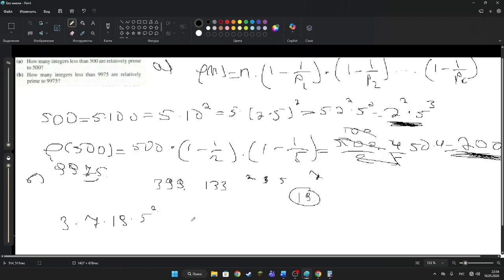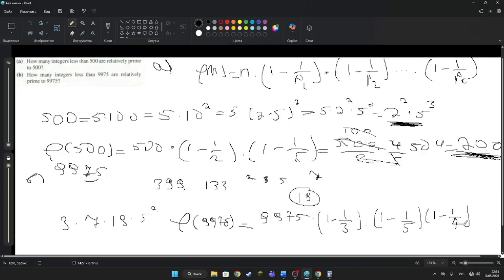And we just replace into the Euler formula, like it's gonna be multiplied by 1 minus 1 divided by 3 multiplied by 1 minus 1 divided by 5 multiplied by 1 minus 1 divided by 7 multiplied by 1 minus 1 divided by 19.